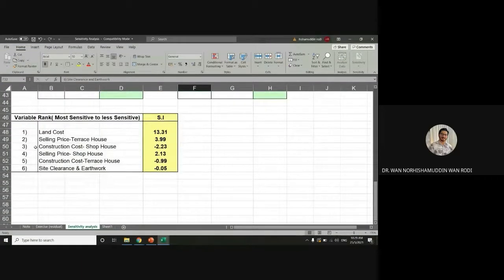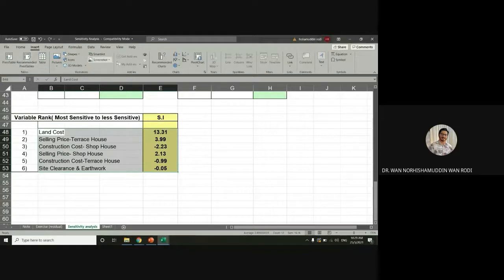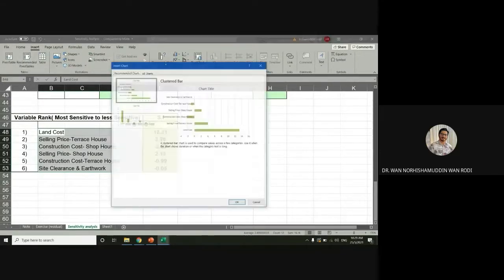So based on the results, you can also create a graph. Okay, for example, you highlight this one, and then you go into insert, chart. You click at the recommended chart.